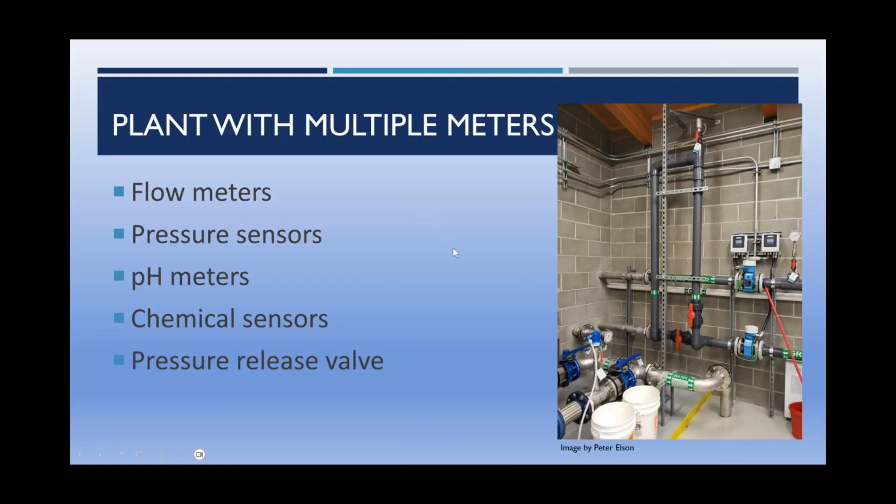This is a pretty good picture of a plant that has a lot of different meters in it. So there are the obvious flow meters, which are the big blue ones. These are actually Endress+Hauser. They're more modern than the old brass ones I showed earlier. Usually quite reliable. They have a 4 to 20 milliamp output that will transfer the number directly to these meters above.